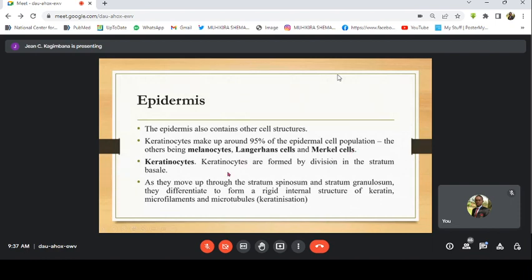Now, we have said this: as the keratinocytes move up, they lose their nucleus, and this is what we call keratinization.